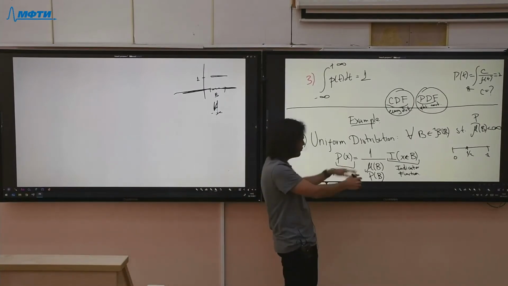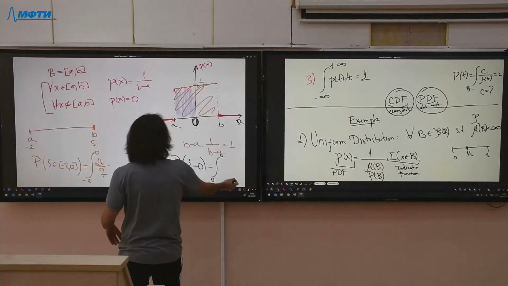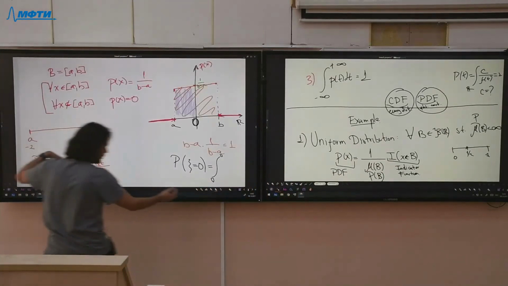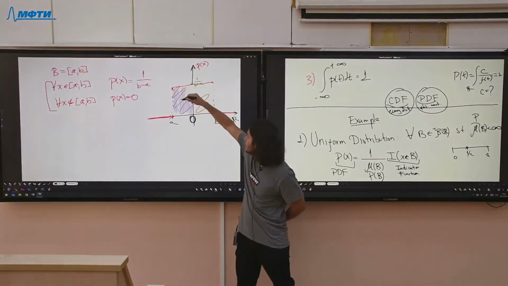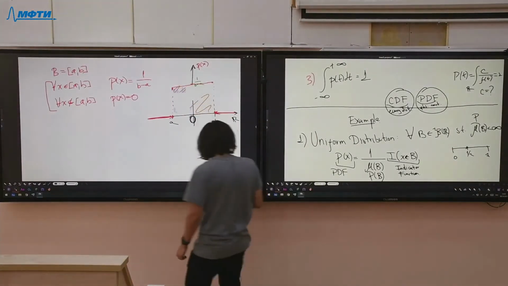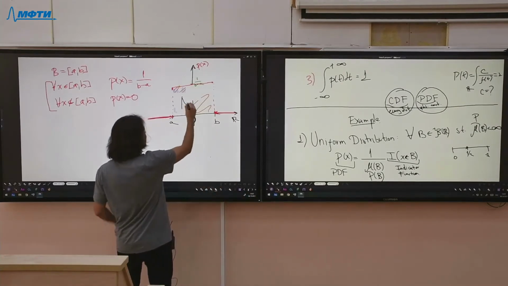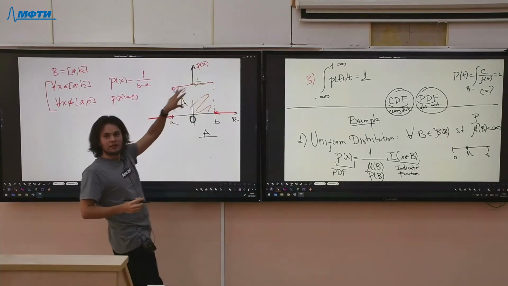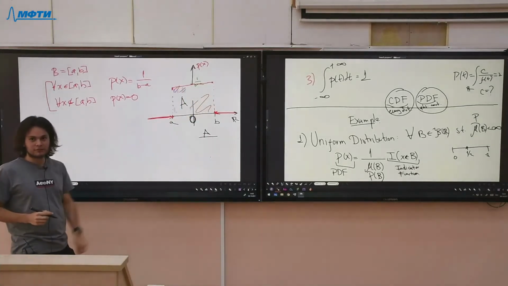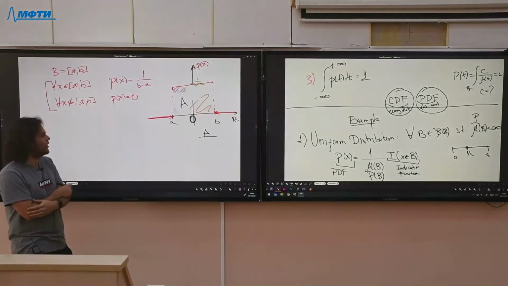We found this area A, and we divide it by the whole area, right?